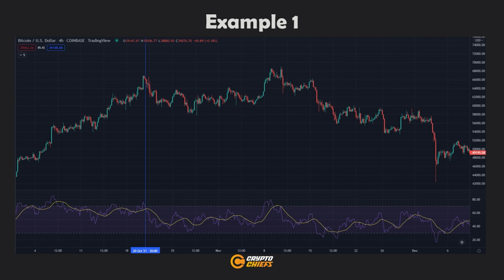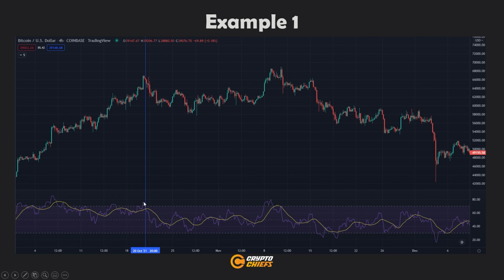To show you an example of this, we can see here that we were overbought. Just to explain quickly, this is the scale here, 0 to 100, on the right hand side. The top dashed line shows the 70 level, and the bottom one is the 30 level.